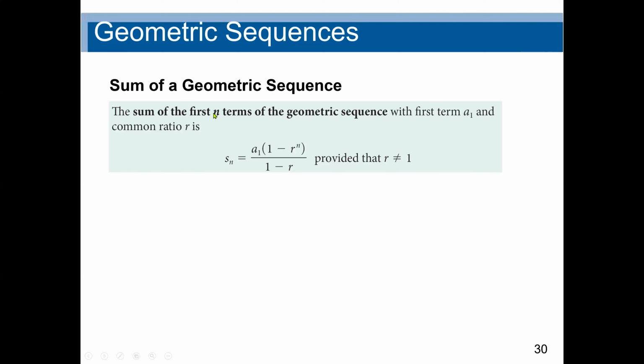We say the sum of the first n terms of a geometric sequence with the first term and the common ratio is S_n equals A_1, the first term, times 1 minus R, the common ratio, to the power n, divided by 1 minus R. Provided R is not equal to 1, because if R is equal to 1, the denominator will be 0. You cannot divide a value by 0, so we don't get an answer.